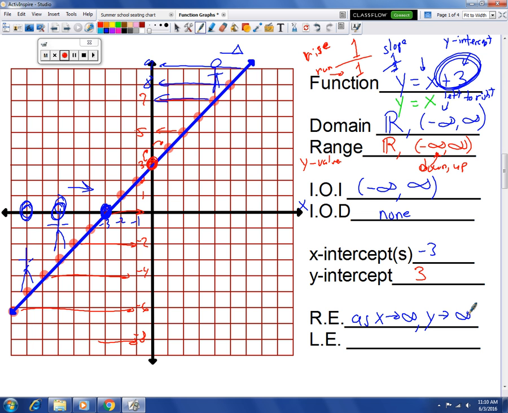Now for the left: we get an answer of -3, then -5, then -6. As you keep going left, we get lower and lower. So as x approaches negative infinity, going left forever, y also approaches negative infinity. Okay, very good.